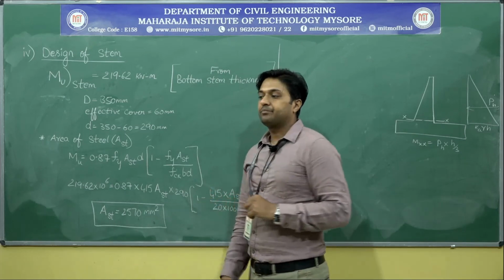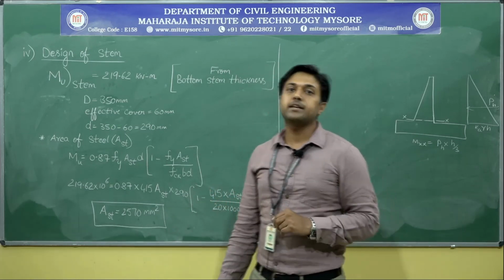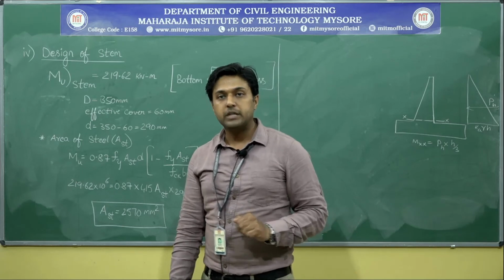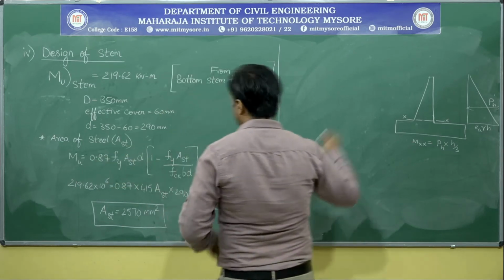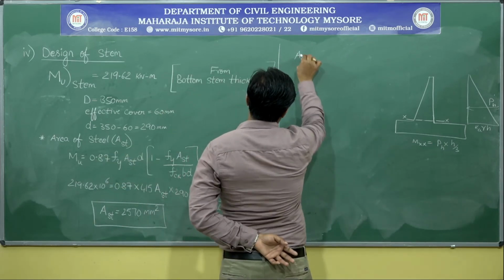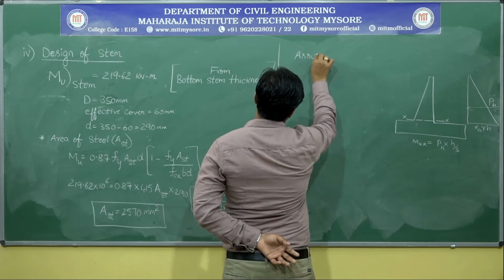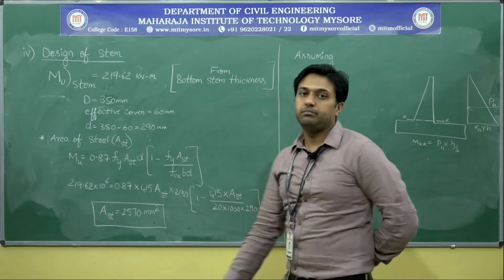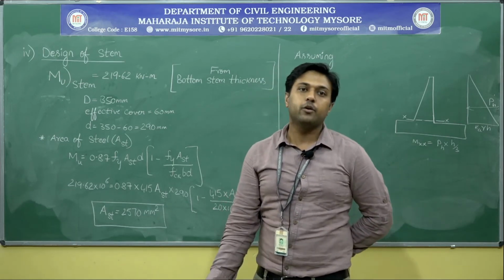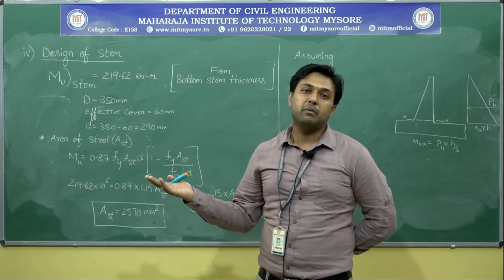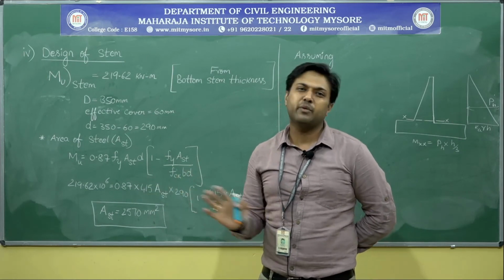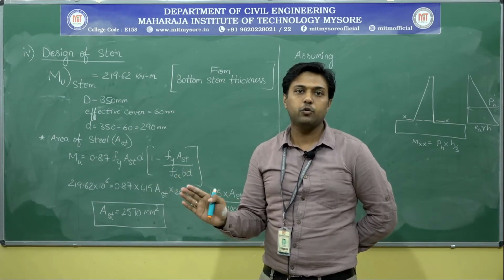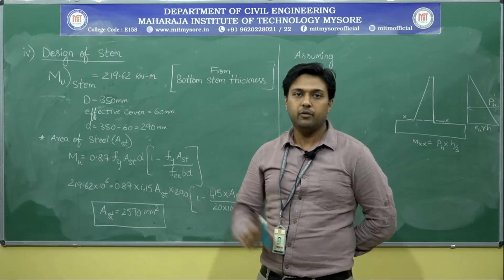As it is a slab, I need to go with the spacing of bars. So how to calculate the spacing of bars? We need to assume some dia of bars. Usually for a retaining wall, we go with 12, 16, maximum 20, not more than that. 20 is a rare case; if too huge a load is coming, then we go with that.